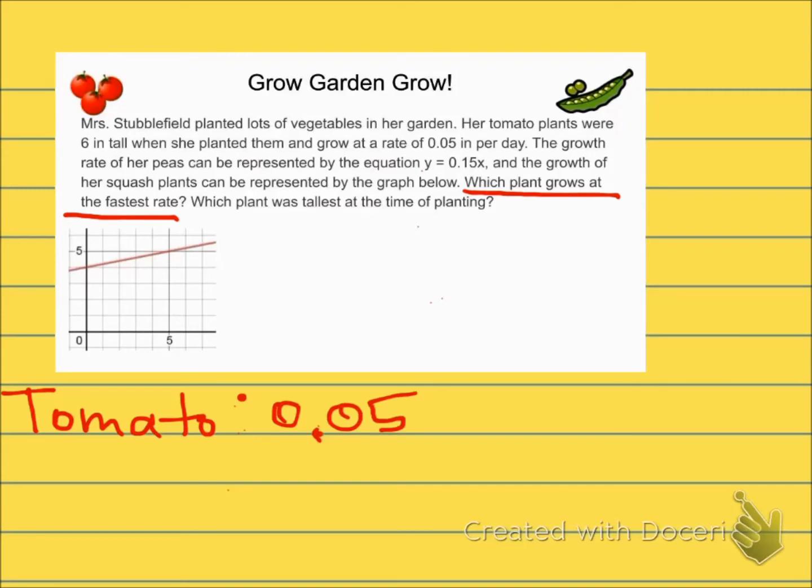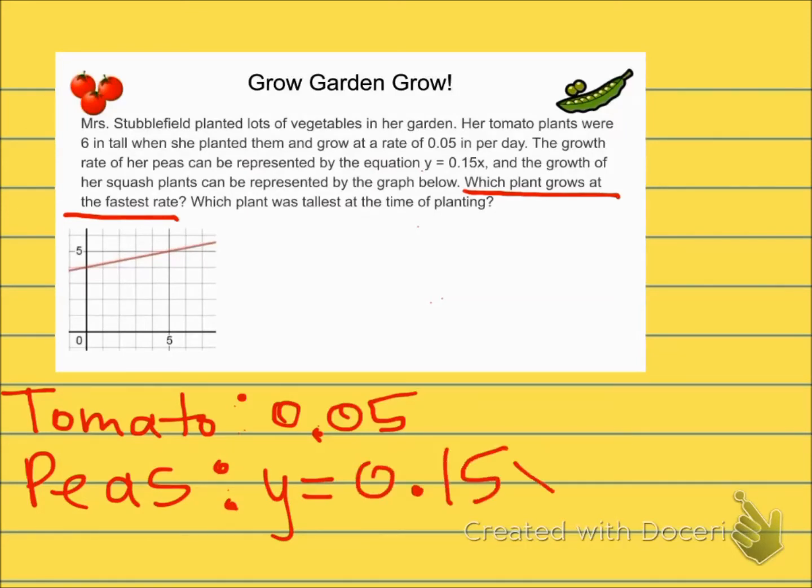It says the growth rate of her peas can be represented by the equation y equals 0.15x. And if you'll remember from earlier, our equation is in slope-intercept form. So our rate of change is just the number in front of x, 0.15.